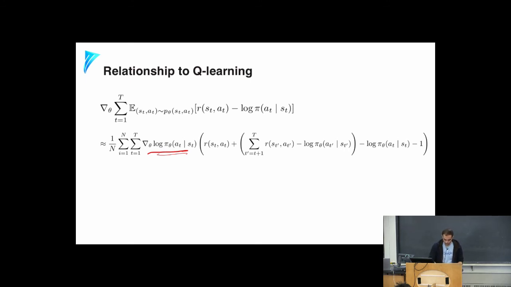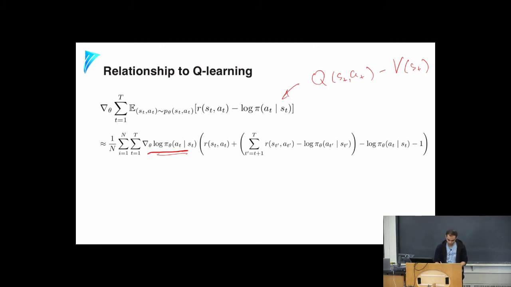And also note that this log pi(a_t|s_t) is actually equal to Q(s_t, a_t) minus V(s_t), and this is coming from the expression for our optimal policy.